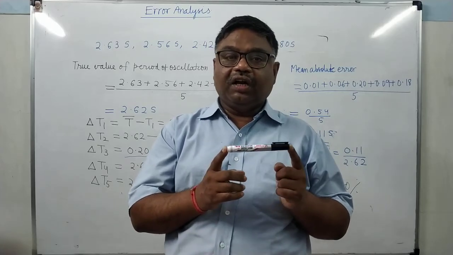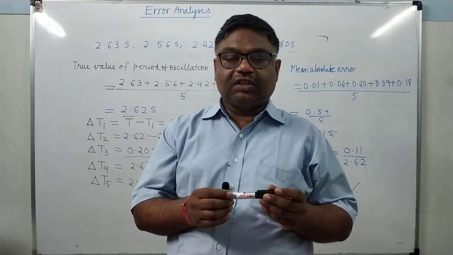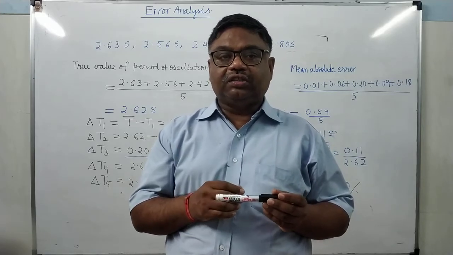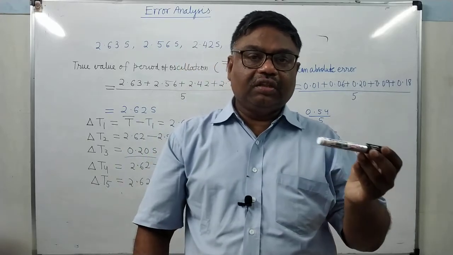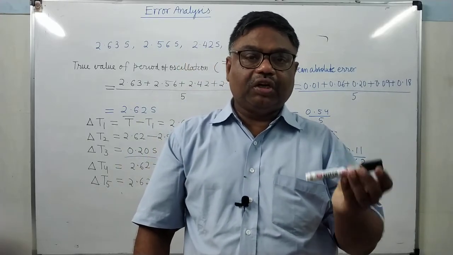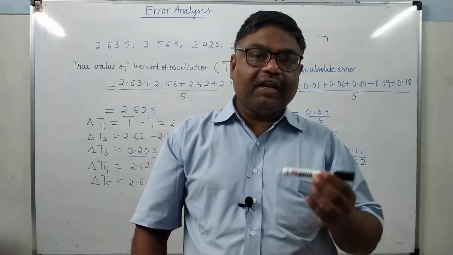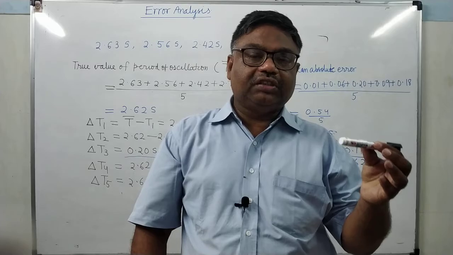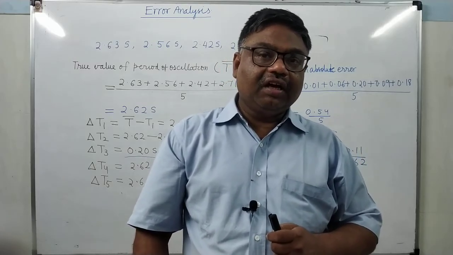Both have different levels of resolution. The resolution limit of the screw gauge is finer because its least count is smaller. So they have been measured up to different levels of accuracy. So what will be the error in the volume? How will you find the error in the volume?